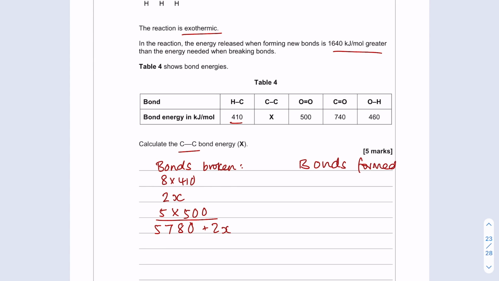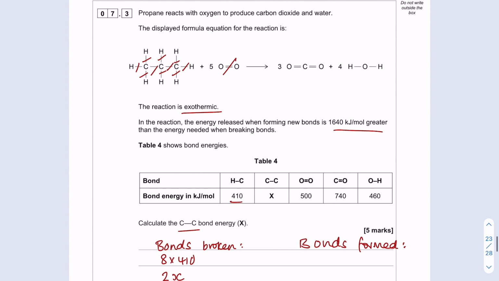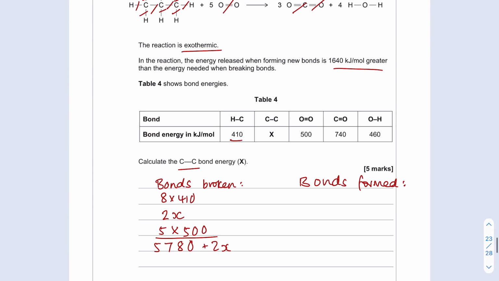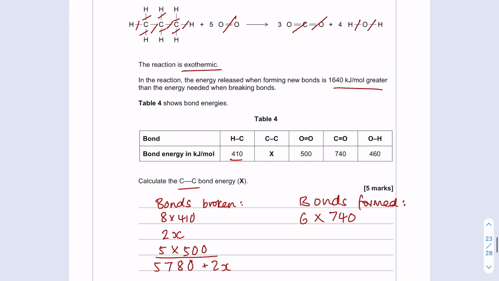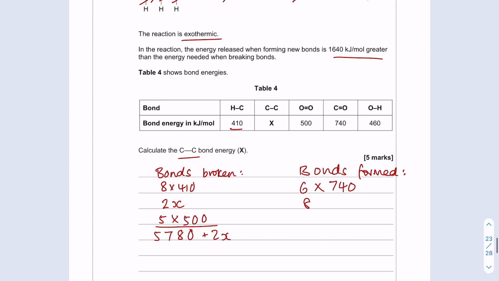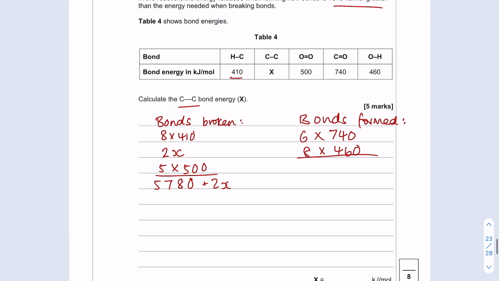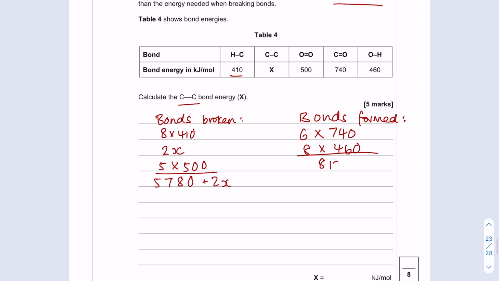What about bonds formed? So we're looking at the right hand side of the equation. We have 6 lots of O double bond C bonds. And then 8 lots of O-H bonds. Add those up to get 8,120.